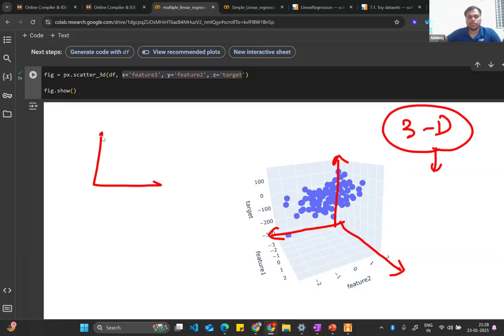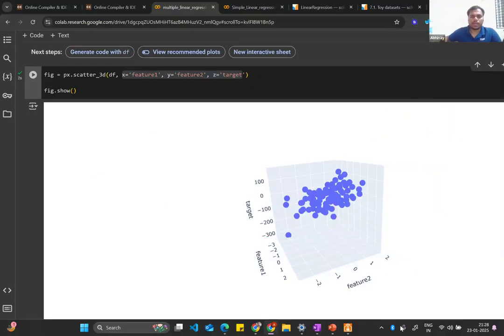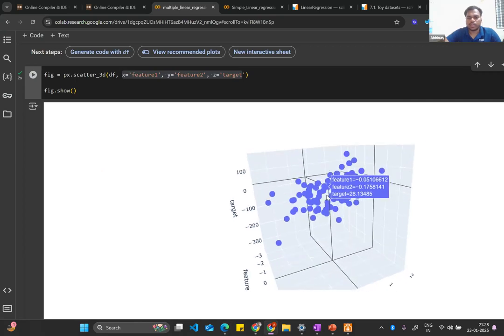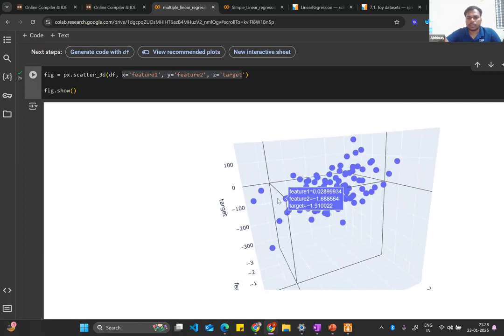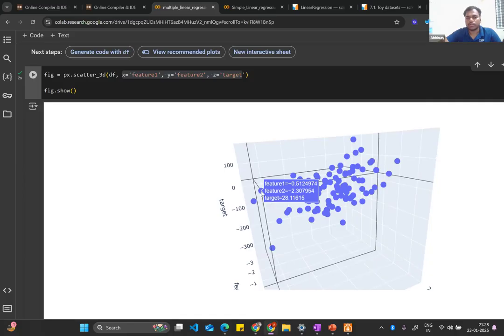And for the 2D we do this thing. This is your 2D and this is your 3D. Everything you can see over this data set. Whenever you click on any particular point, let's suppose we are clicking on this, you can see feature one has this value, feature two has this value, and the target has this kind of value.